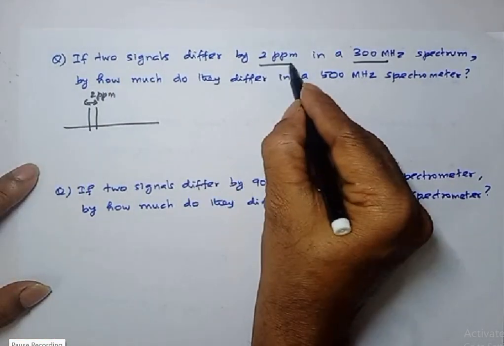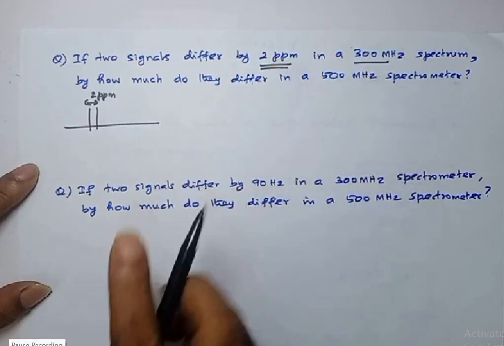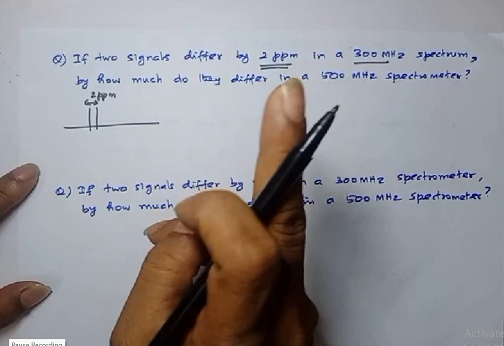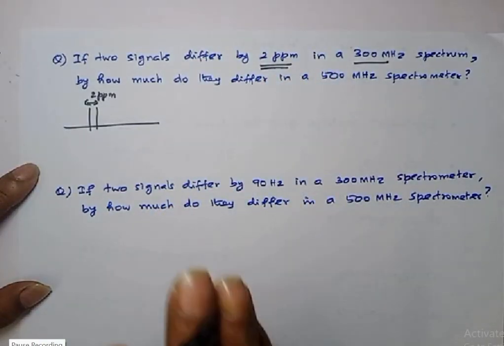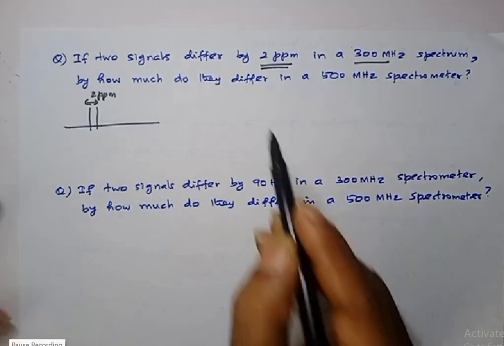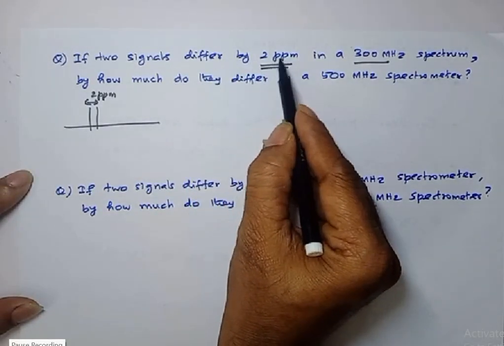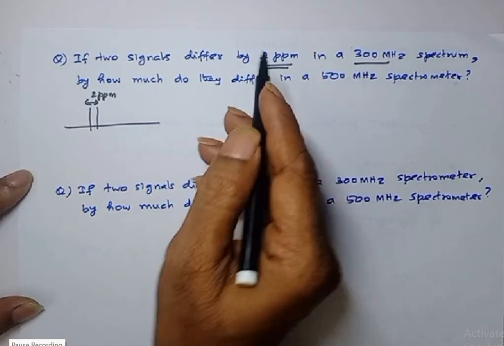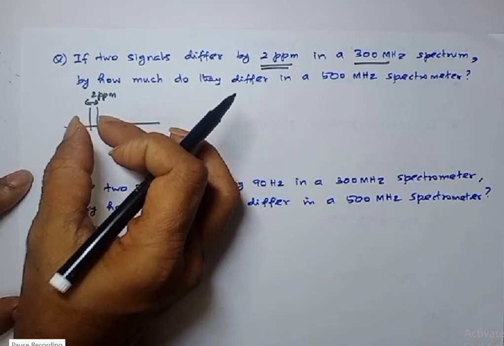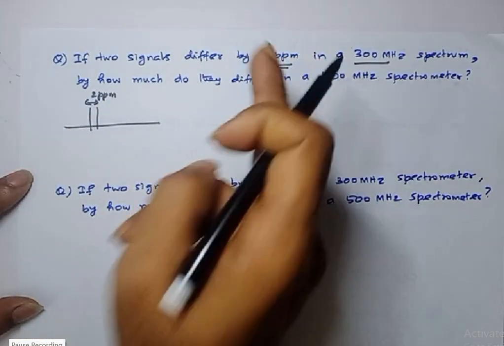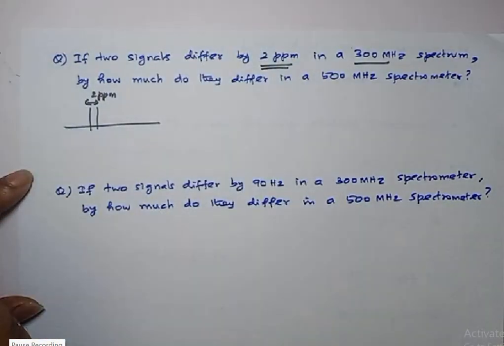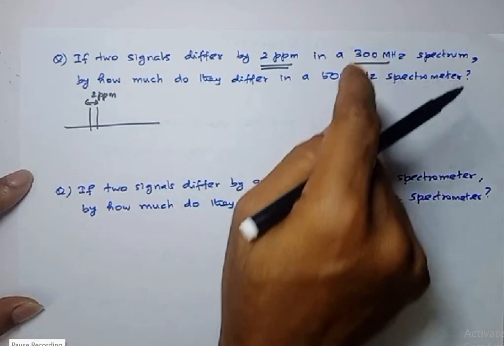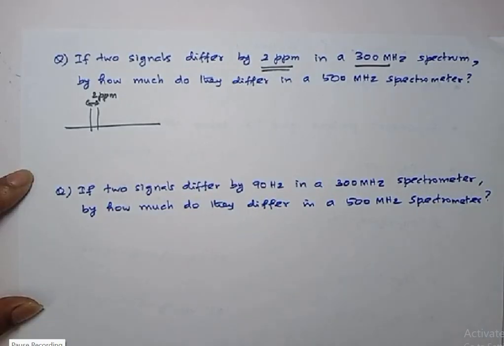Listen carefully. The value is given in ppm. If the value is given in ppm, then it is independent of spectrometer frequency. Observe this carefully. If the chemical shift value, or the gap between two signals, is given in ppm unit, then that gap is independent of the spectrometer frequency, whether you use 300 megahertz or 500 megahertz.